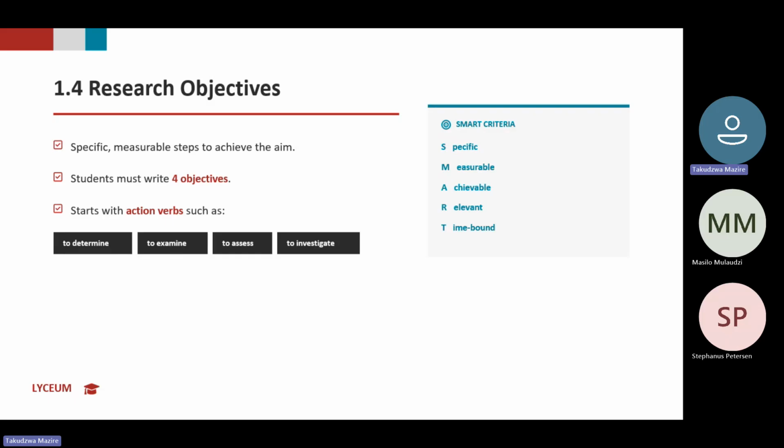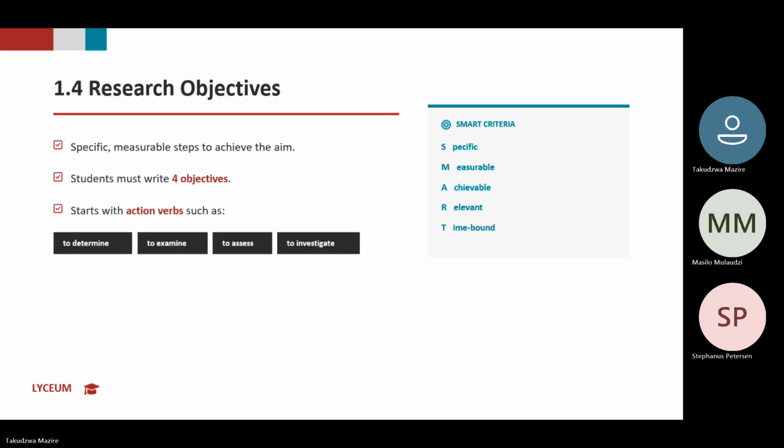They tell us exactly what you're going to do. Typically, we expect between 4 and 5 clear and direct objectives, each starting with a strong action verb, such as those at the bottom of the screen, that is maybe to determine, to examine.